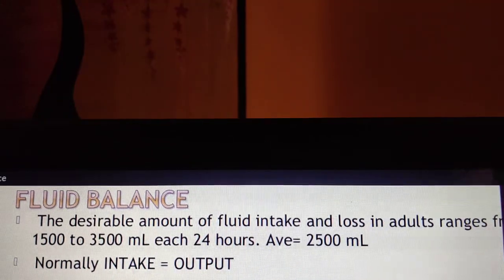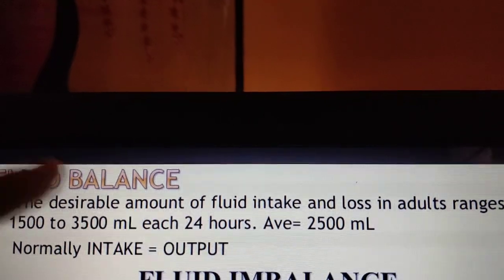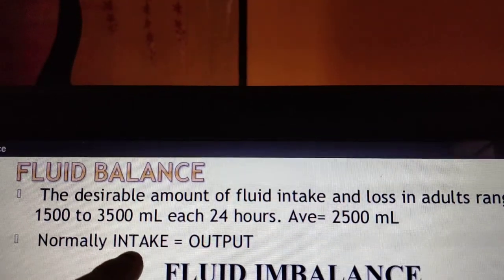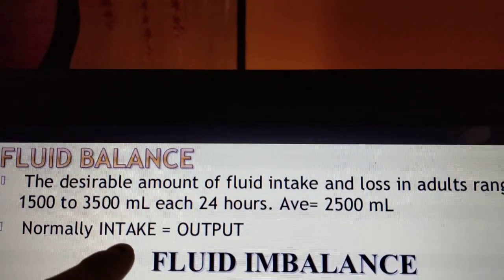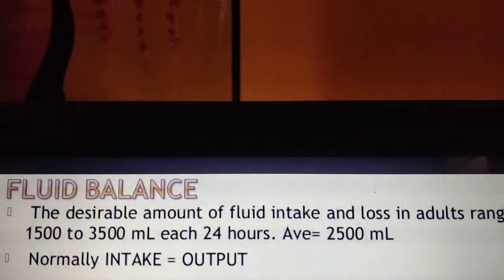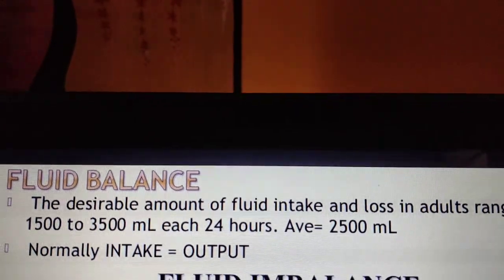When we call it balance, normally intake is equal to output. For example, if we are drinking 2 liters of water, the output should be approximately the same 2 liters, then we say the fluid is in a balanced condition in our body. Understood?